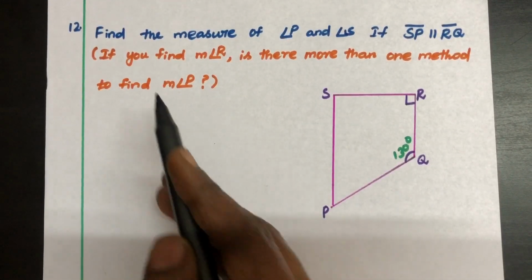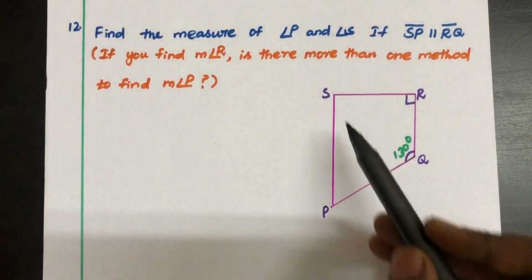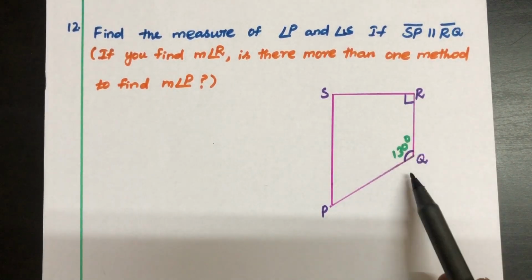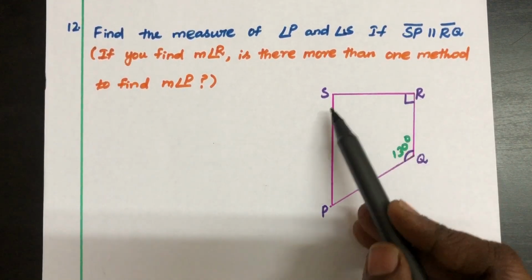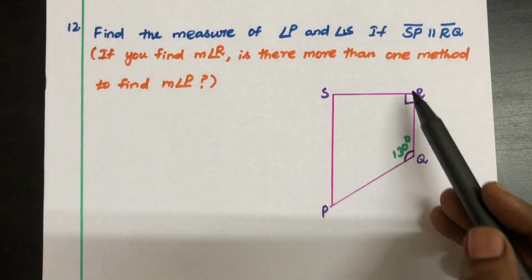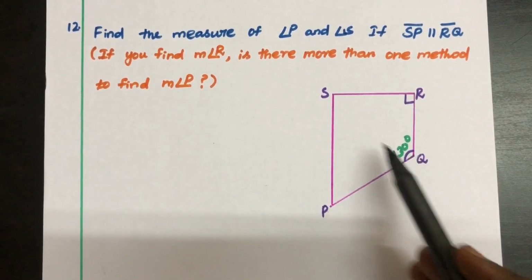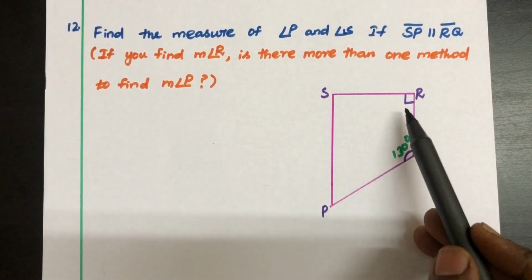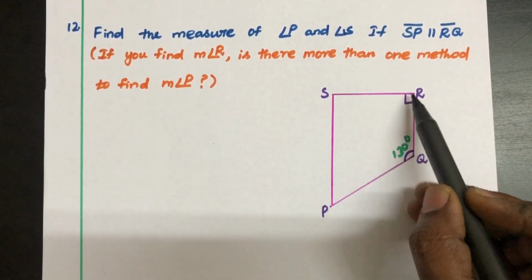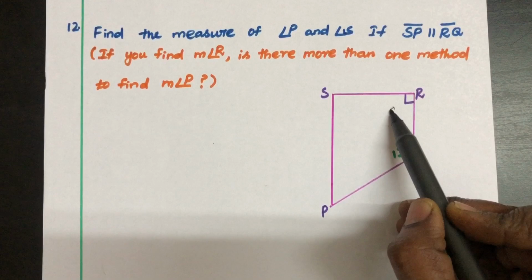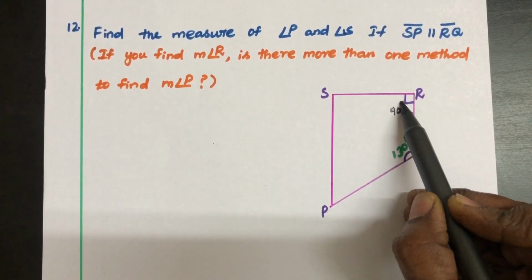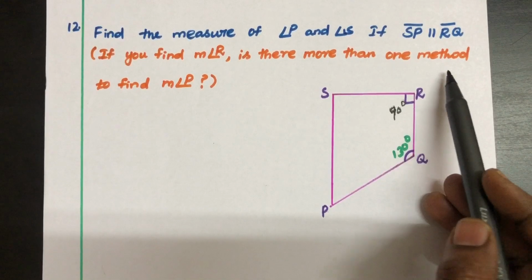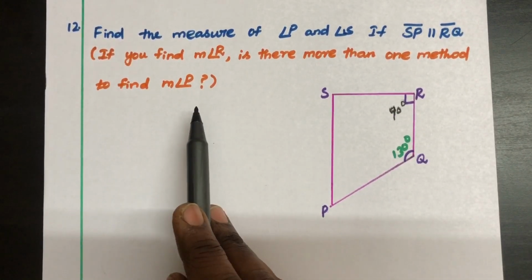12th question. Find the measure of angle P and angle S if SP is parallel to RQ. Again the same trapezium question. SP parallel to RQ. So these are transversal lines. If you find m of R, that means measure of R, they have mentioned it as 90 degree. Okay, right angle. Is there more than one method to find m of P?